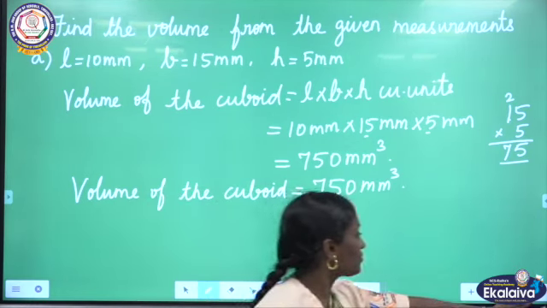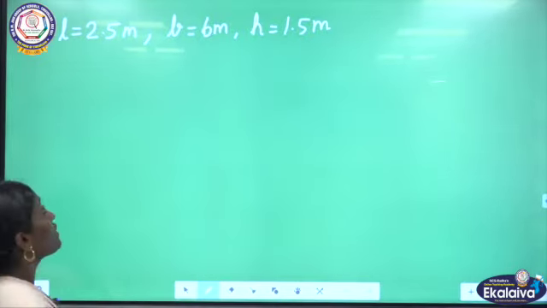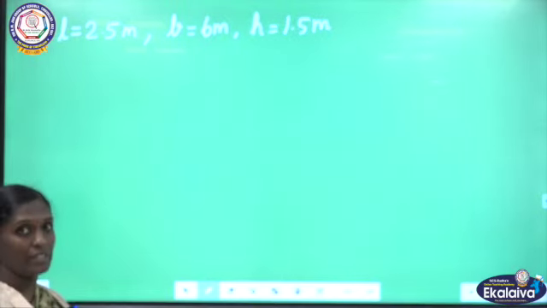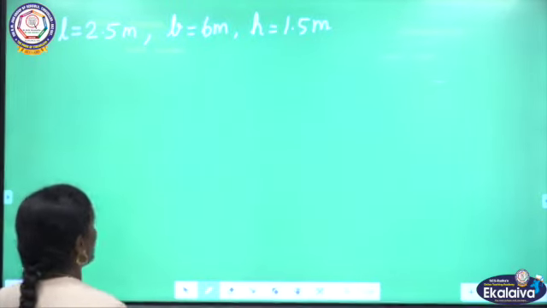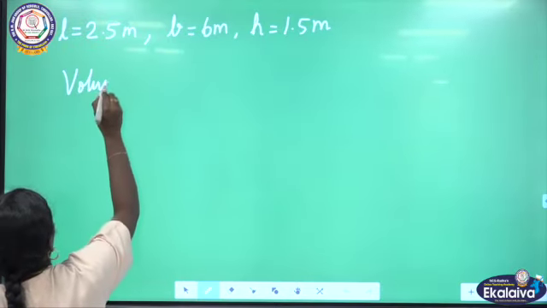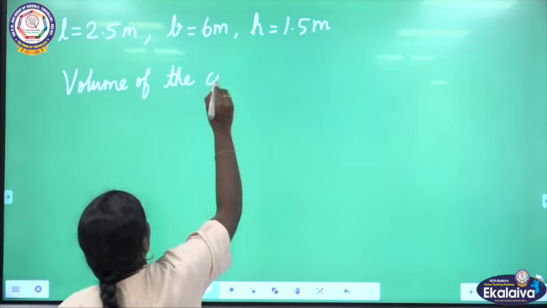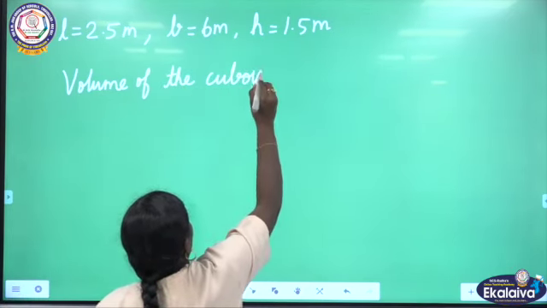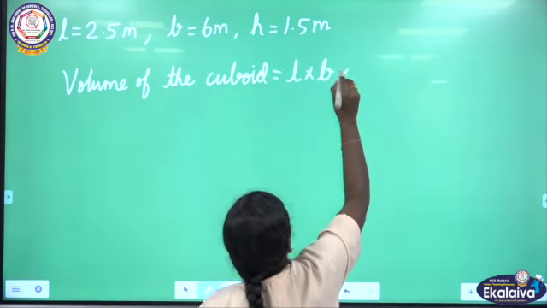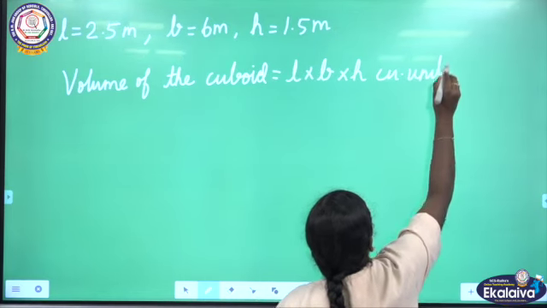Okay. The next question, here length is equal to 2.5 meter, breadth is equal to 6 meter and height is equal to 1.5 meter. Here we are having decimal numbers. Okay. So, first we have to write the formula. Volume of the cuboid is equal to length into breadth into height cubic units.